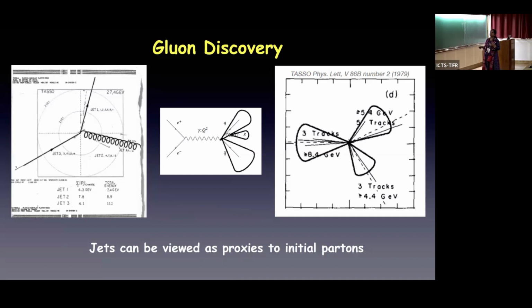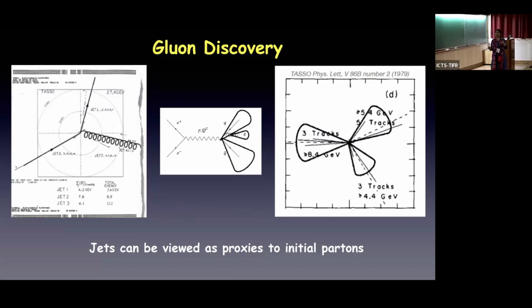So you have 3 jets, okay? 3 collimated sprays of particles carrying large momentum, and they had a significant number of events which showed such characteristics, and by these results it was conclusively established that QCD is indeed a theory of strong interaction because gluons were discovered.